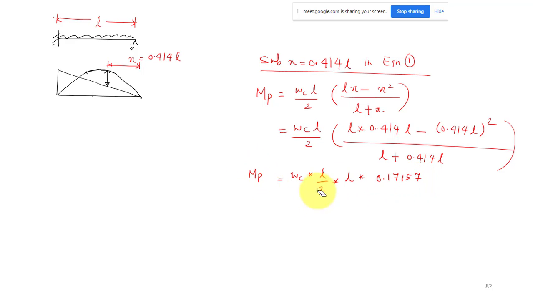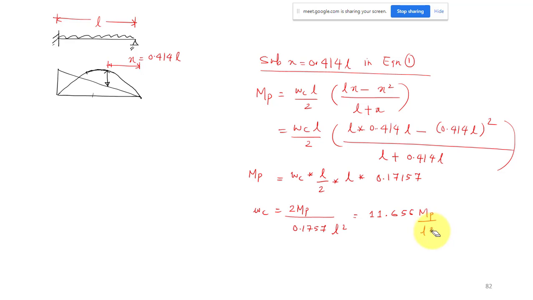So now I can write the collapse load from here, that is equal to 2 MB divided by 0.1716 L square. So what is this value? 2 by 0.1716, yes. So this is coming 11.656 MB by L square.